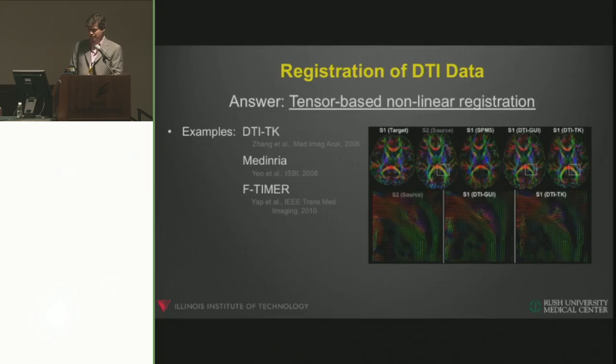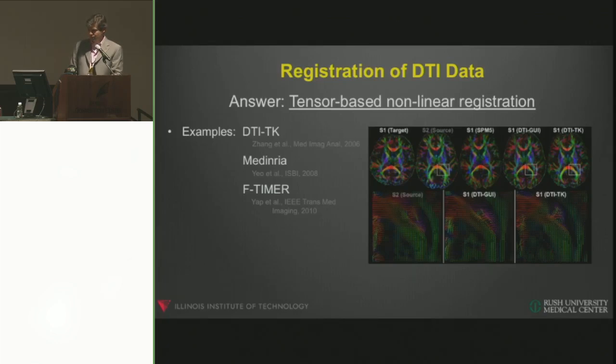S1 is one data set, the data set from one subject that we're trying to register to S2. And then we have three different registration algorithms that we used. We used SPM5 based on FA information, DTI-GUI that is based on FA and trace information, and then DTI-TK, which is based on the full tensor. If you focus on the region within the rectangle, you see that SPM5 and DTI-GUI didn't do a very good job at replicating the feature seen in the S2 source image.